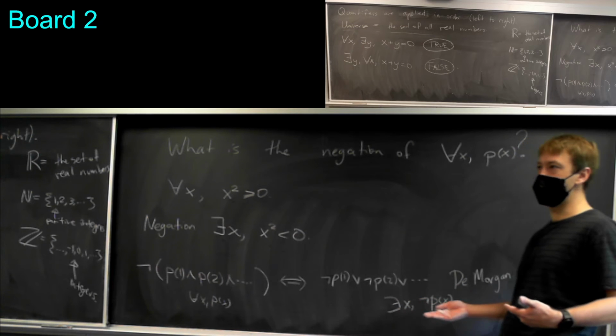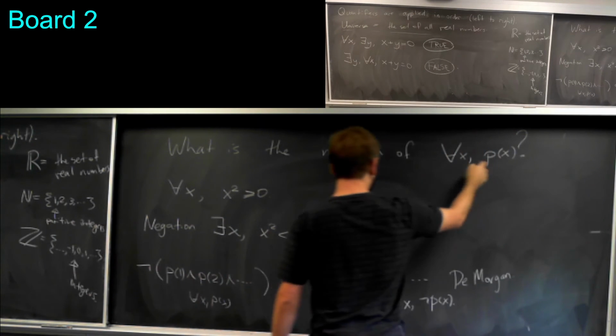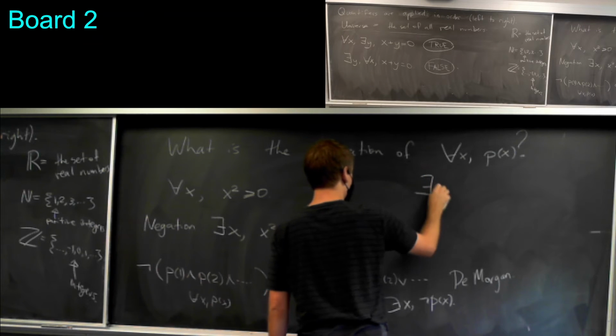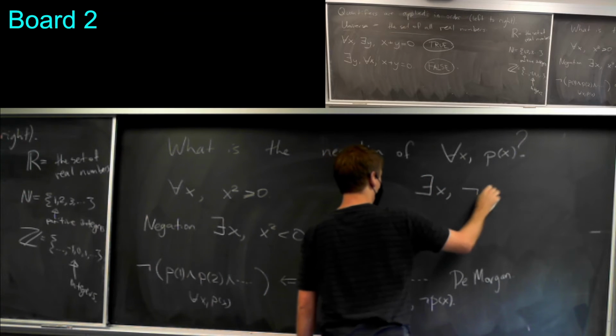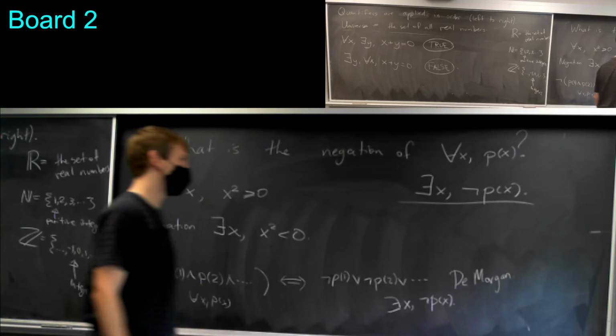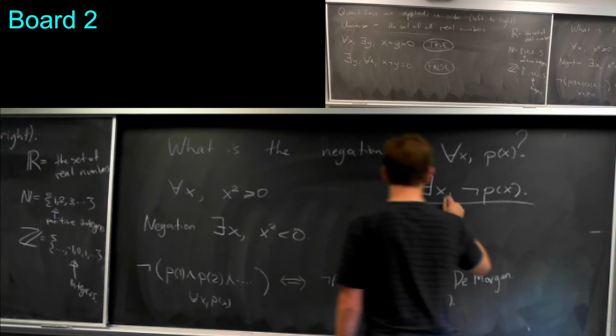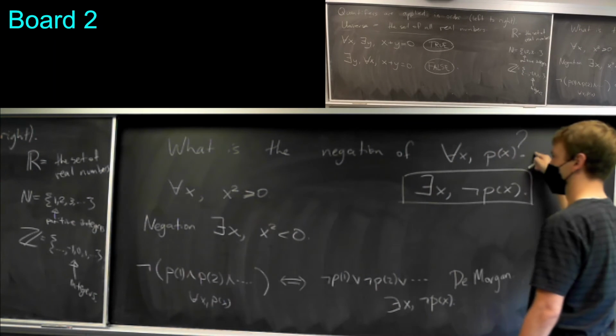It's the same rule. So in general, the negation of for all x P(x) is there exists x not P(x). Is that clear? This is the answer to this question.